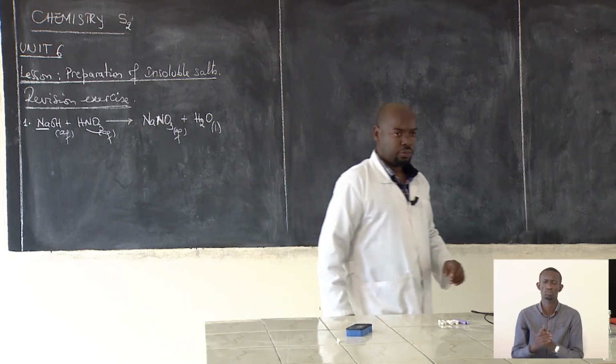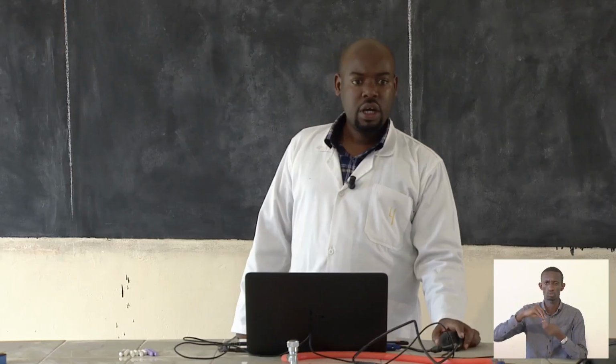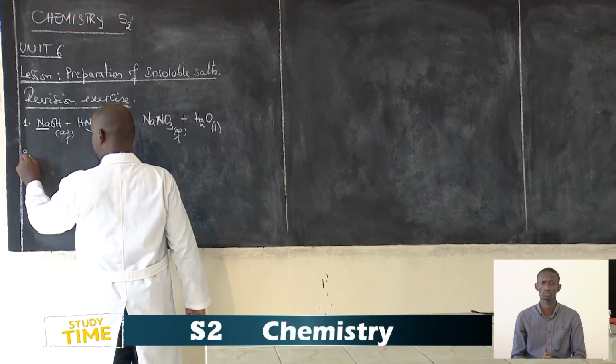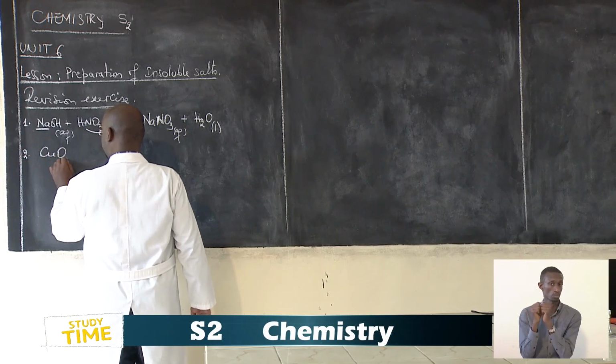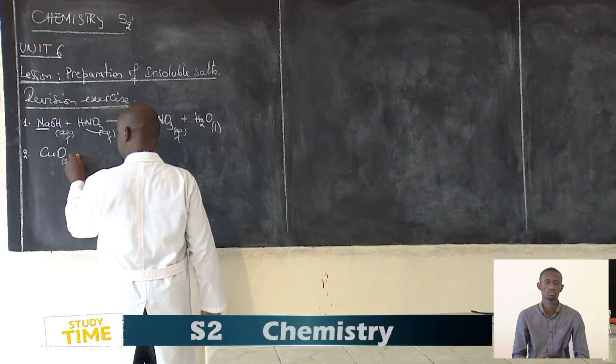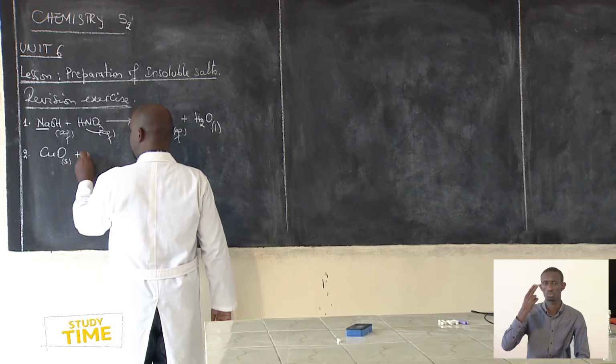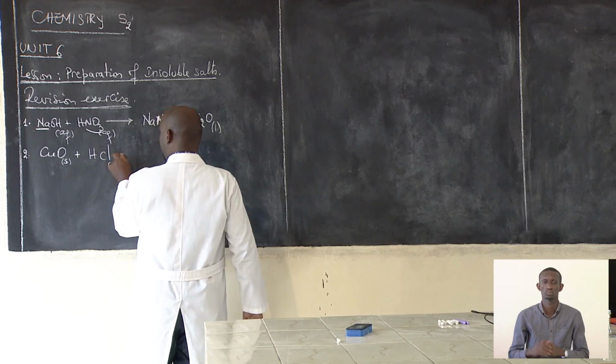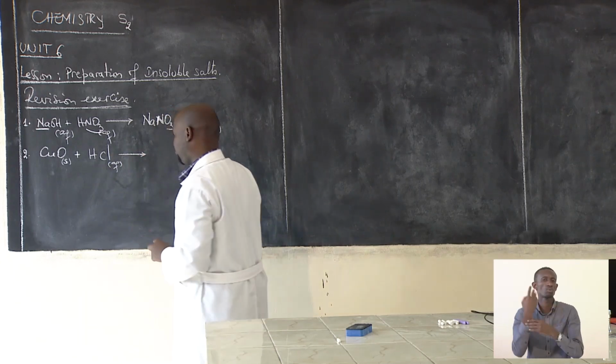Equation number 2, we have copper oxide reacting with hydrochloric acid. So when copper oxide, which is solid, because it doesn't dissolve in water, reacts with hydrochloric acid, aqueous, what do we produce?